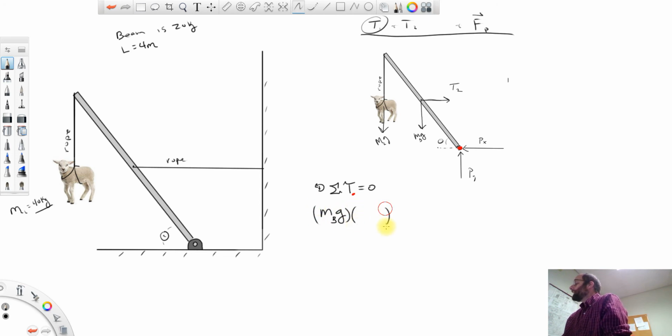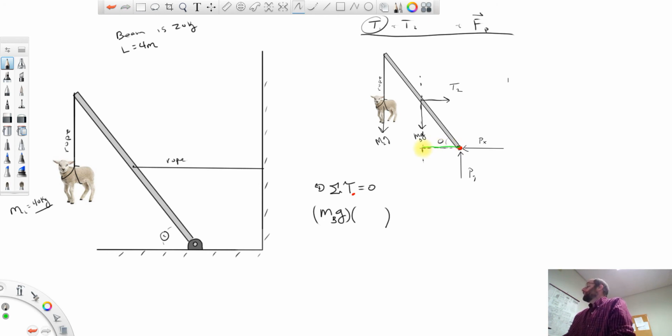Now we have to get the right distance. This force vector has what's called a line of action, which is all along this line. The distance that you use has to make a right angle to the line of action. I'm going to put that distance in green. That is this distance right here.